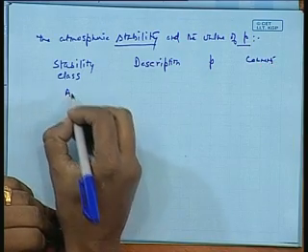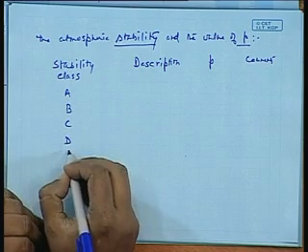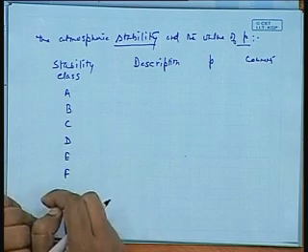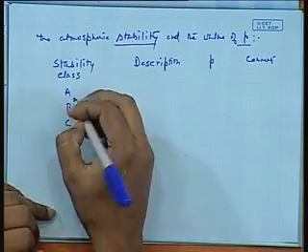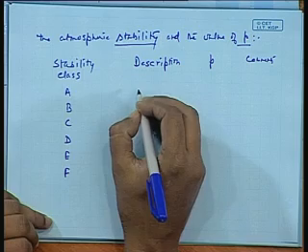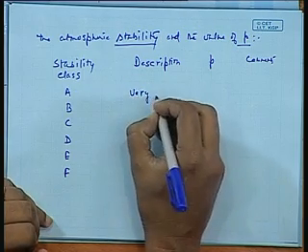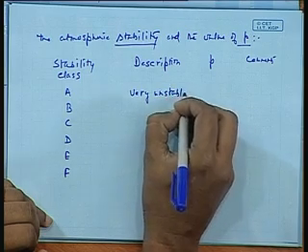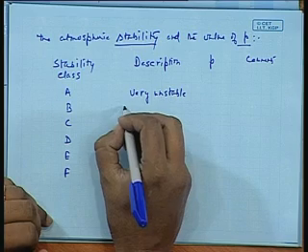This is A, B, C, D, E, F. This is a stability class. I will come back again, as I have said, to discuss about this A, B, C, D, E, F. Which means very unstable, moderately unstable, and so on.